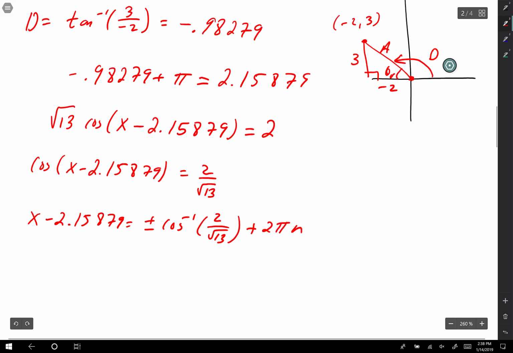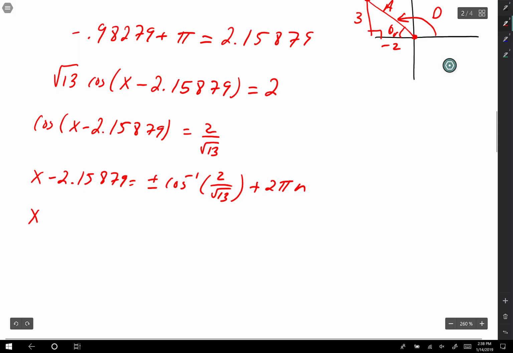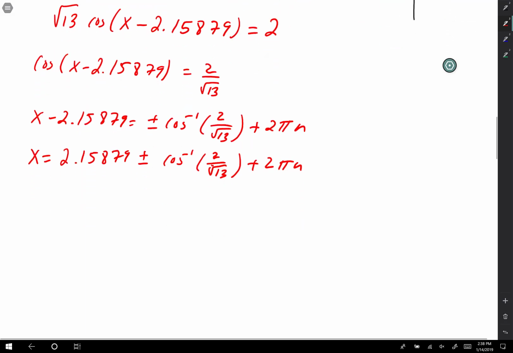Since the period is 2 pi, it repeats every 2 pi. And last, you just move the 2.15879 over, 2.15879 plus or minus... find your general solution.